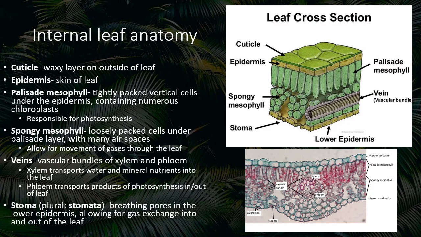I've had a lot of people ask me, well, why would the palisade mesophyll be composed of vertical cells rather than cells spread out to more effectively capture sunlight? And maybe you're already thinking about the fact that a lot of the light that shines on a leaf is not actually intercepted by the chloroplast.